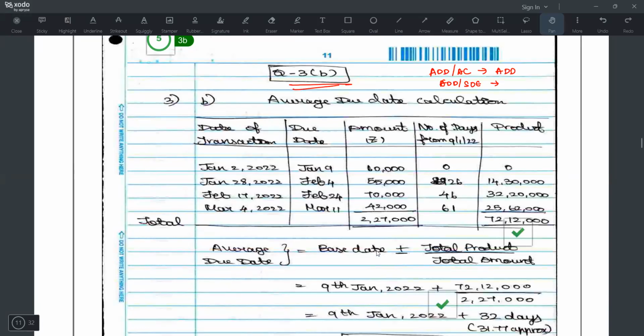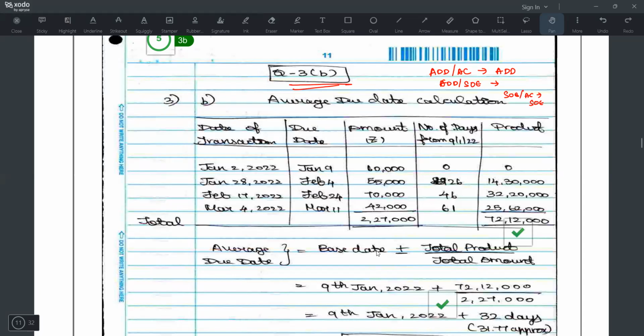If you're comfortable with sale or return, which you have prepared 200%, you can go with that. Whenever it is sale or return or account current, directly go with sale or return, because it's going to be a time saving moment for you. If you choose account current, it is a lengthy calculation, but if some of you are more confident in account current, go with it and secure your 5 marks.